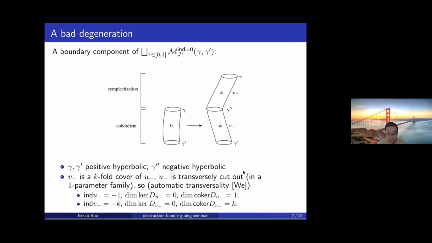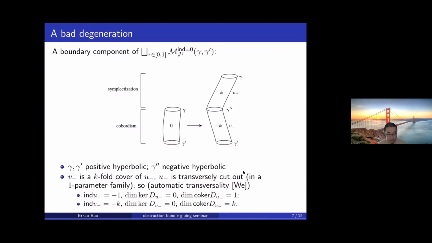It has Fredholm index minus K. We assume further that gamma and gamma prime, these two orbits, are positive hyperbolic, and the middle one is negative hyperbolic. For the other case, one can do similar arguments, but let's just stick to this case.